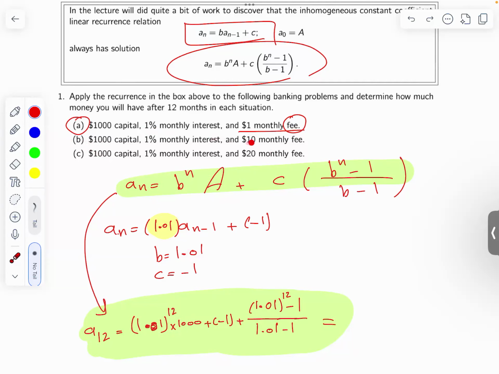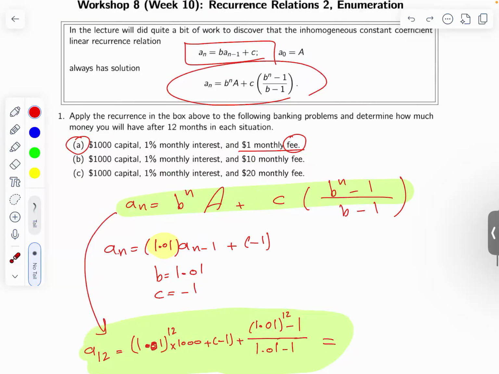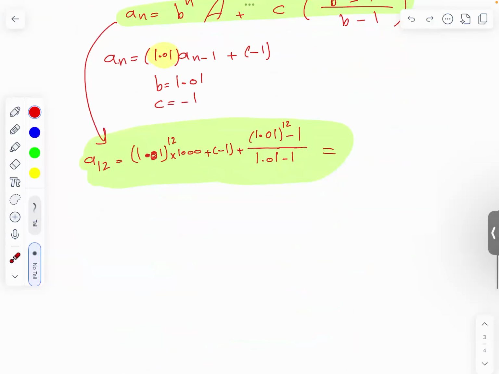So in part B, C will be negative 10, part C, C will be negative 20. Okay, so let's do now.